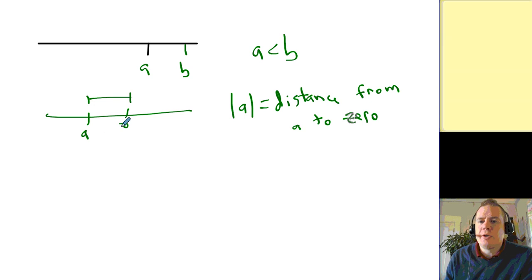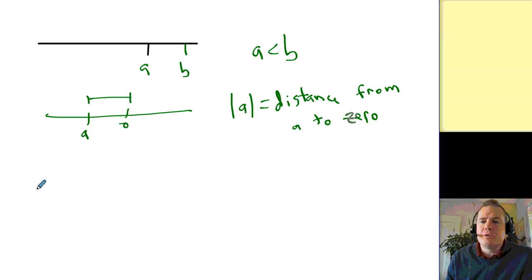A could be positive, A could be negative. Even here, A and B could be positive or negative. I didn't put 0 on this number line, but I see A is to the left of B, so it's less than B. So those are 2 uses of the number line.